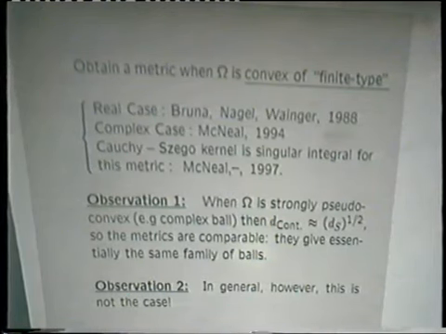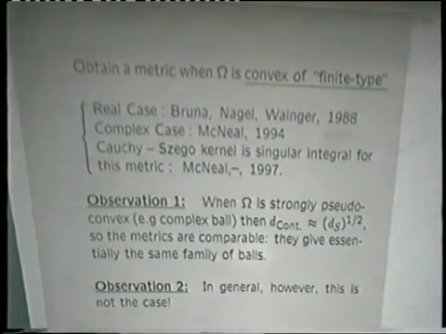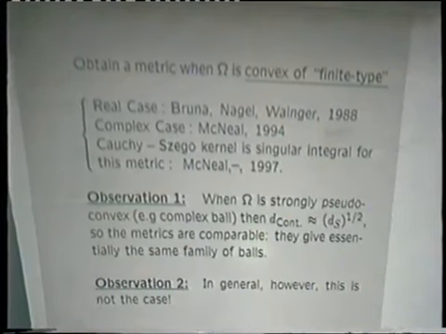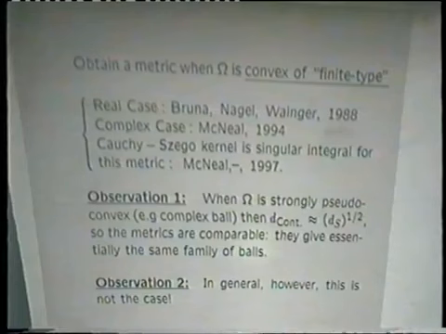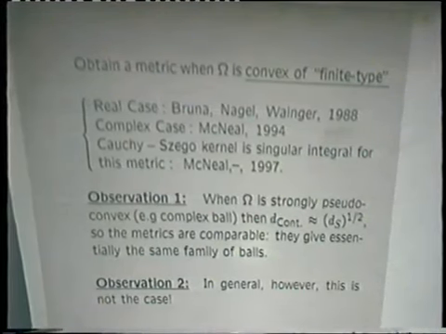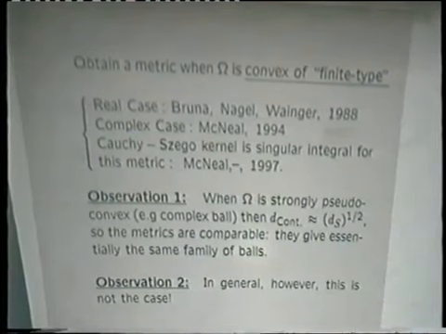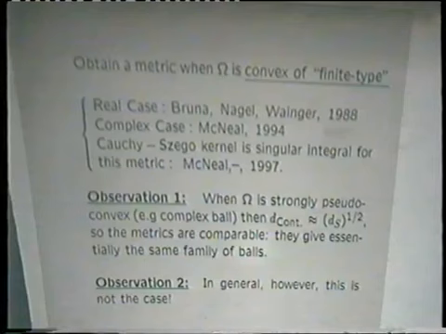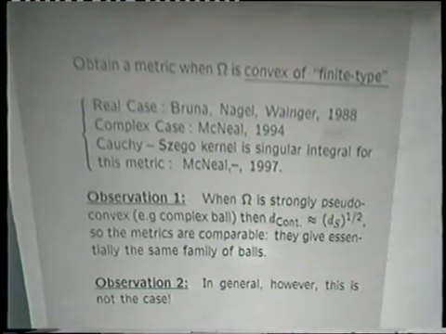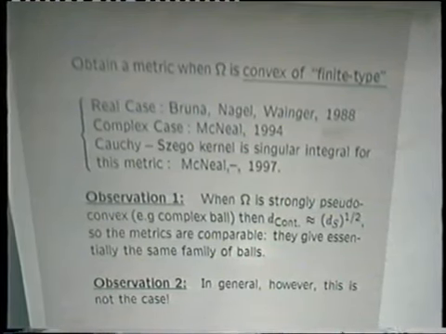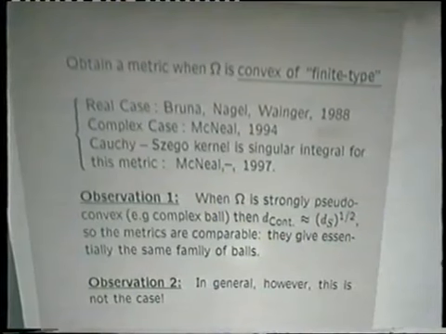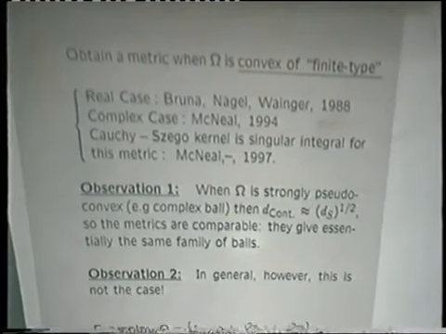You change the radius delta. You're correct, that's the real case. There is a complex analog. I mean to talk about the complex analog. See, I'm trying to go fast because I'm trying to be within time, which I'm not going to be. There's a real case which was done first. Then there's a complex analog which was done by McNeil.